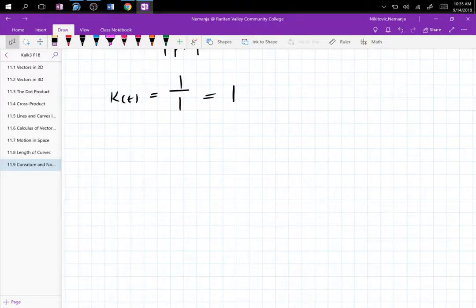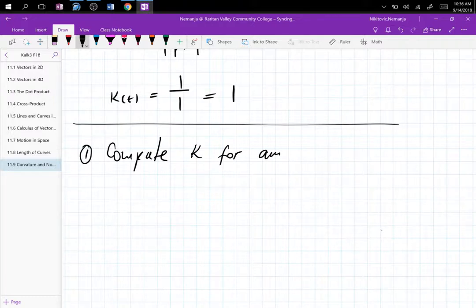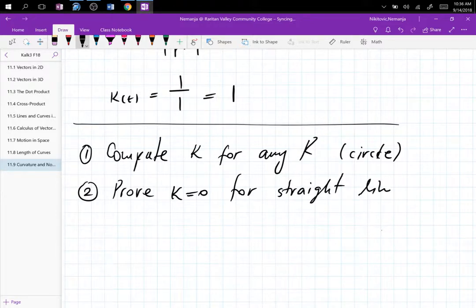So here, these are examples for you. Number 1, compute K for any R circle. And number 2, prove K equals 0 for a straight line.